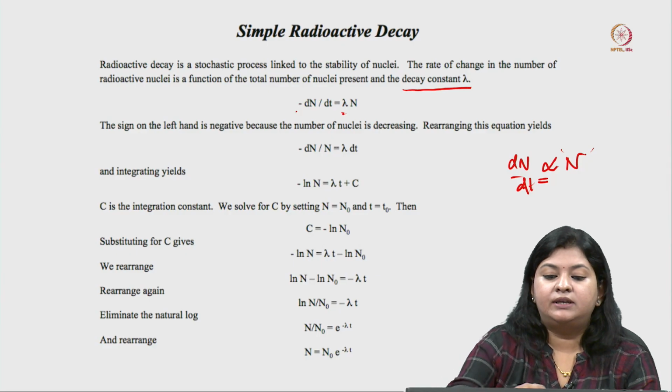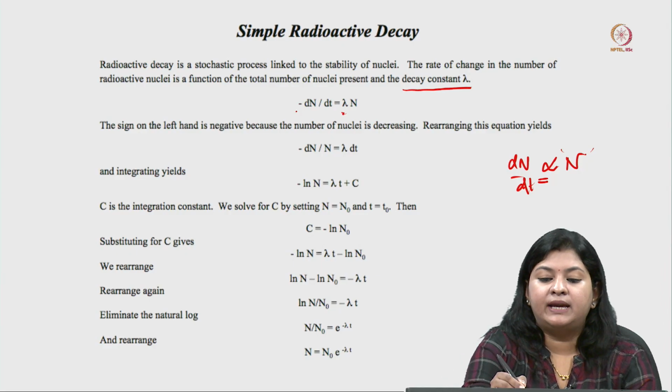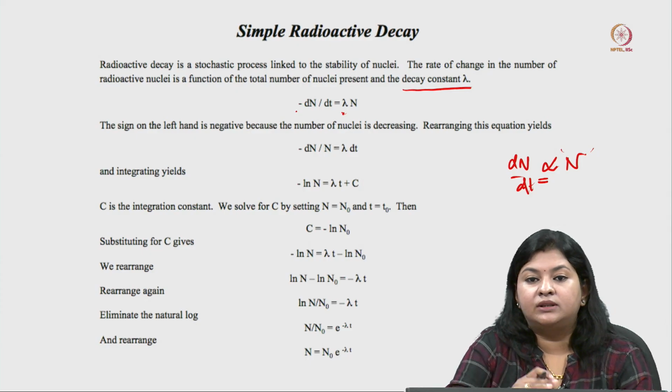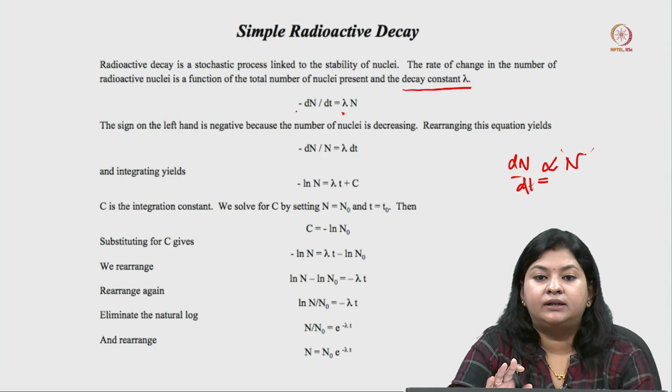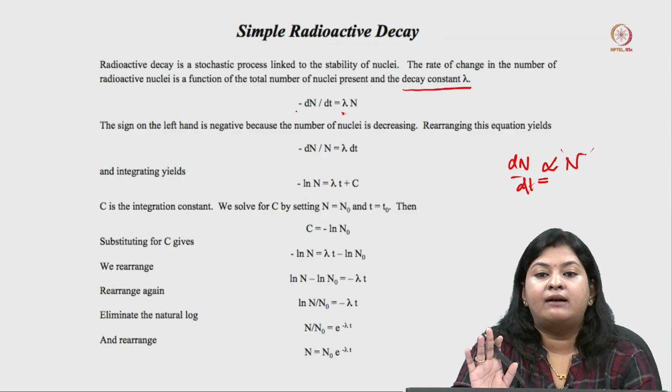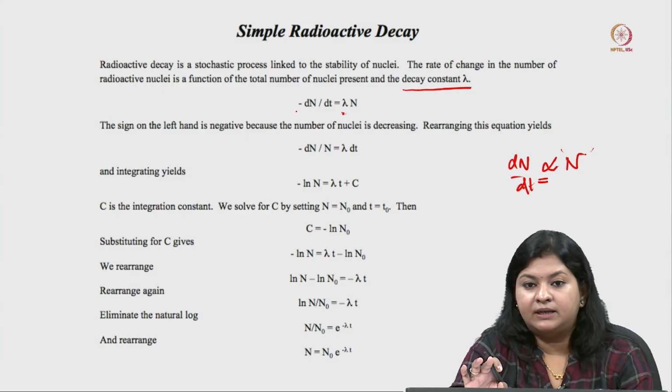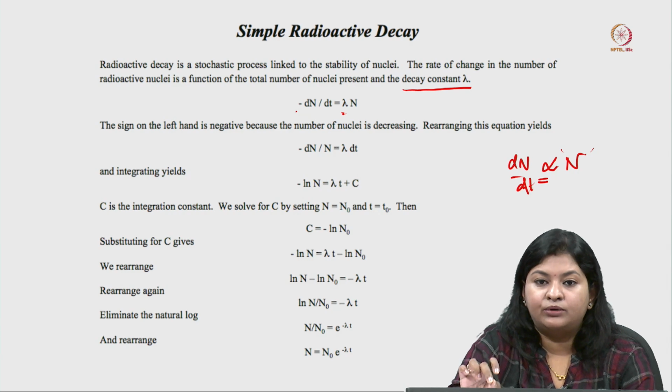Here we just rearrange. You bring N from here in the denominator and dt goes there. So on the left side we have all N related terms and on the right side we have all the time related terms. Let us integrate it over a particular time period, say over 10 years, 100 years, as we are going to do some experiment.